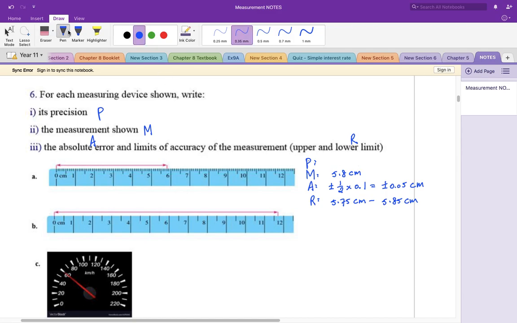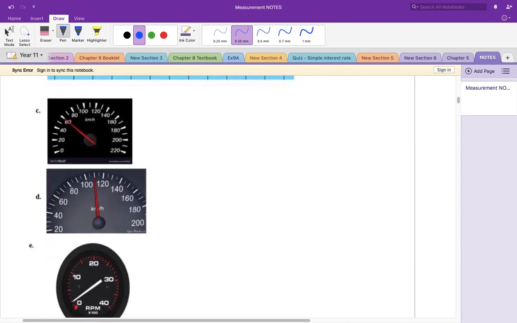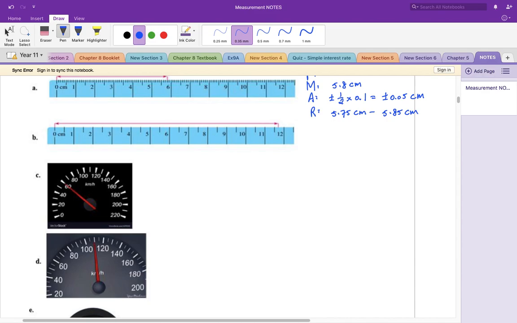And I'll let you do the second one yourselves, but I'm going to show you the answer in a second. I also just wanted to quickly talk about question C. C, D, and E are very similar. So for these ones, what's the position? So you have 60, 70, 80.